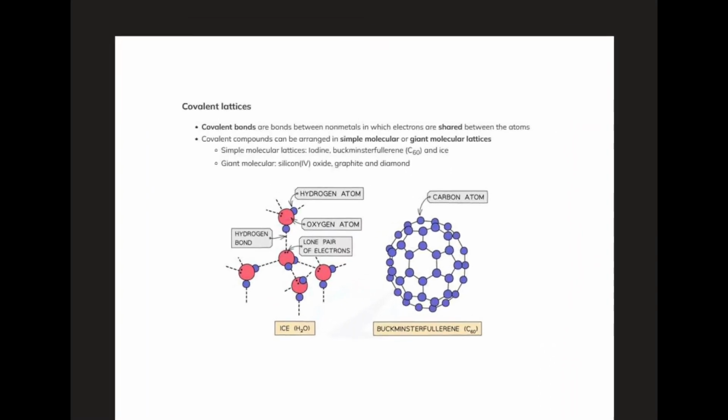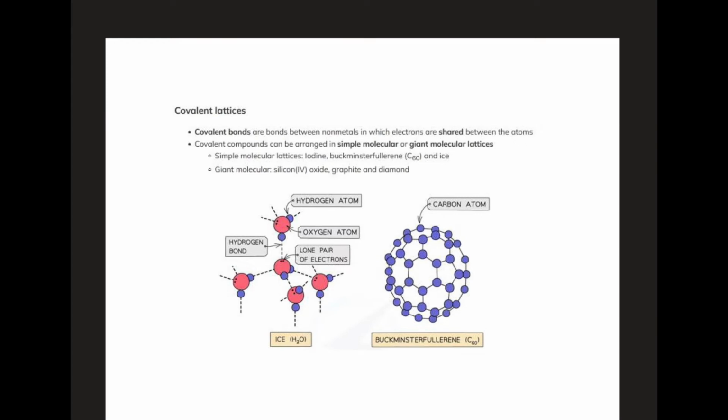Now we look at covalent lattices. First, there are covalent bonds within the covalent molecules. Covalent bonds are bonds between non-metals in which electrons are shared between the atoms. Okay, they share electrons.